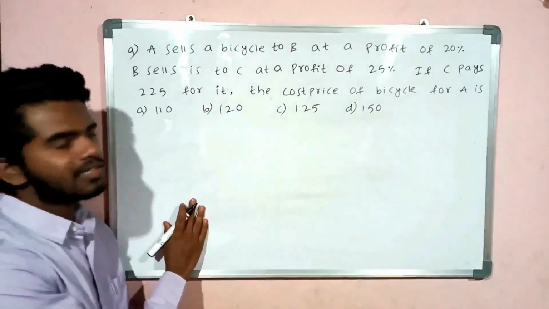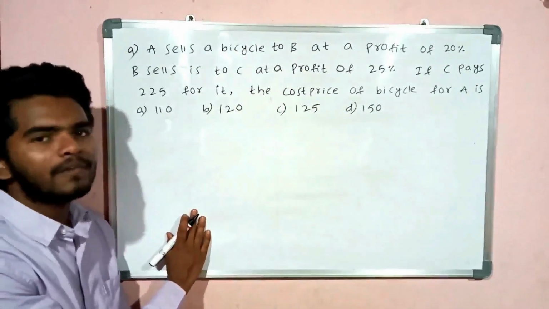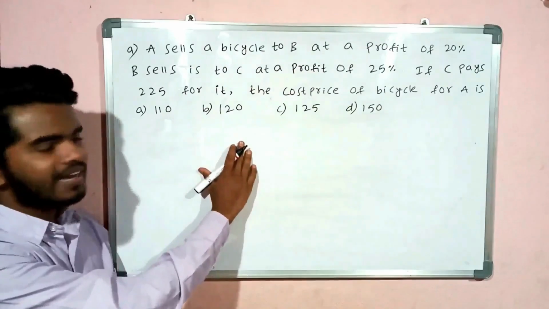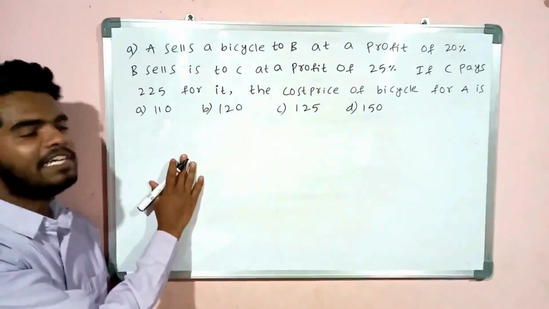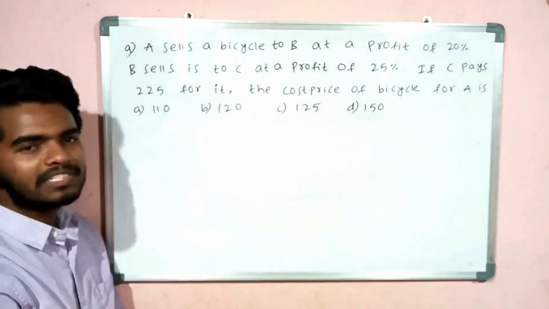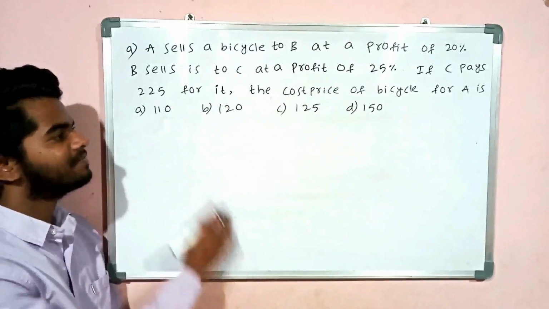A sells a bicycle to B at a profit of 20% and B sells it to C at a profit of 25%. If C pays 225 for it, the cost price of the bicycle for A is?